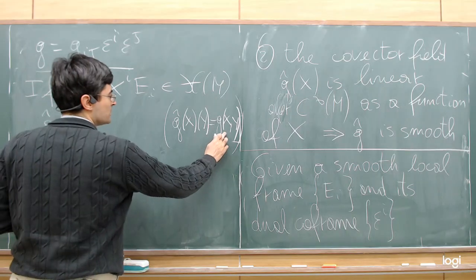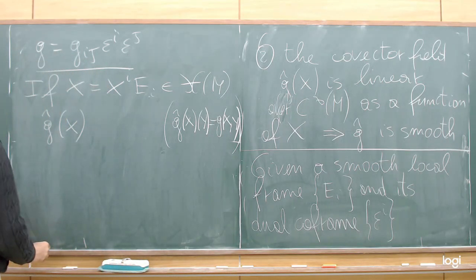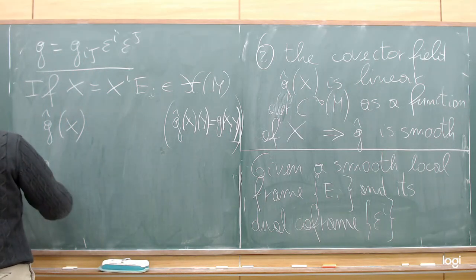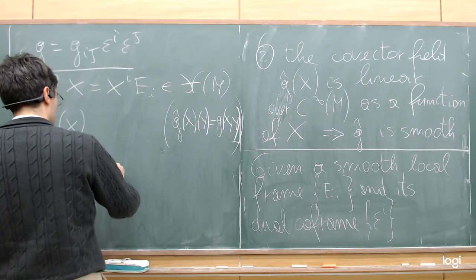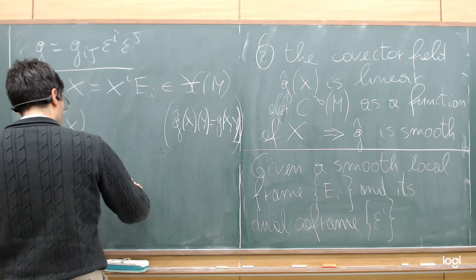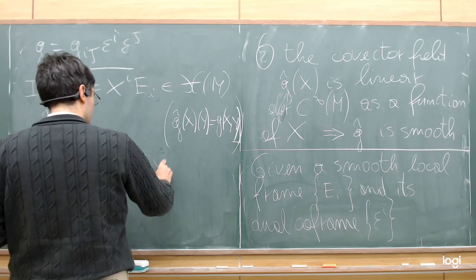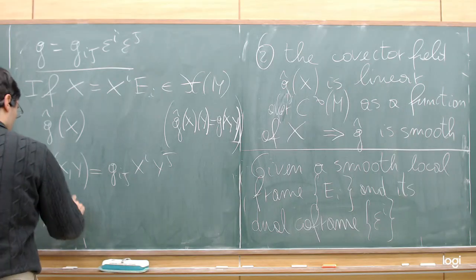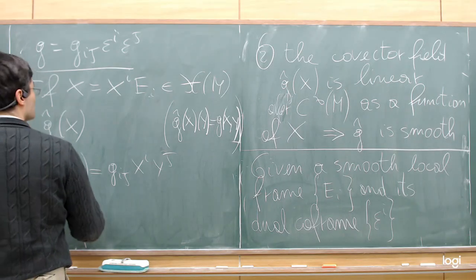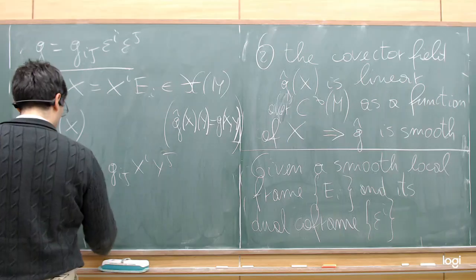What is G(X, Y)? G(X, Y) is G_ij X^i Y^j if Y is equal to Y^j E_j.